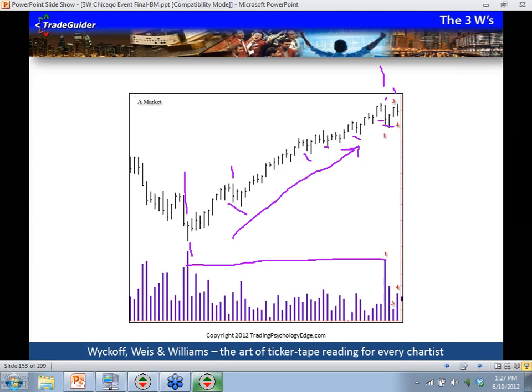We see the volume is quite low. In fact, in the past, what we've seen as we've dipped down, the low volume occurred on the pullbacks. Now we're starting to see low volume as the market attempts to rally up. That we would call no demand.